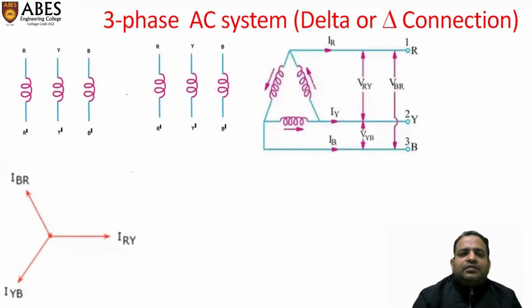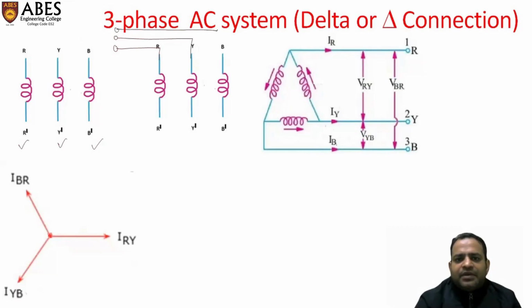So here we have three phases R, R dash, Y, Y dash, and B, B dash. We have three-phase power which is connected to one end of these three phases. This is our RYB power connected to the phases, but the other ends of these three phases are connected in this way.